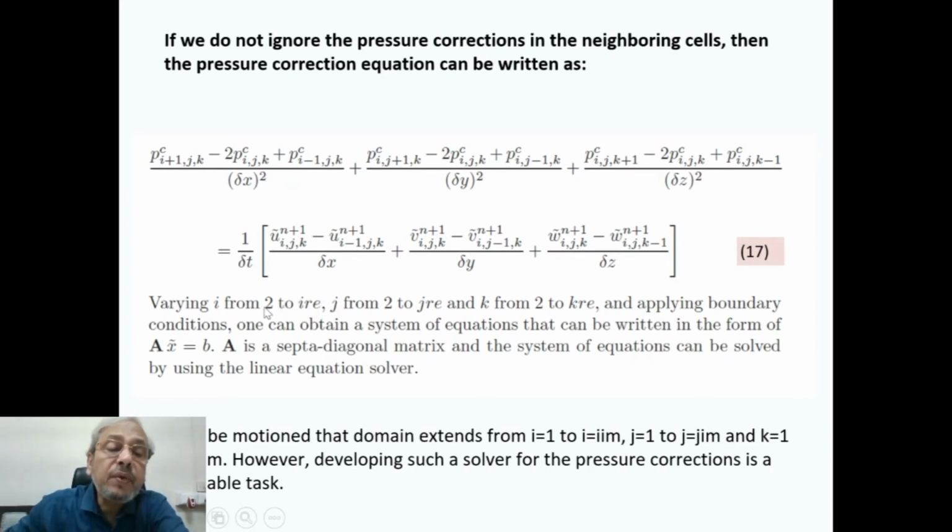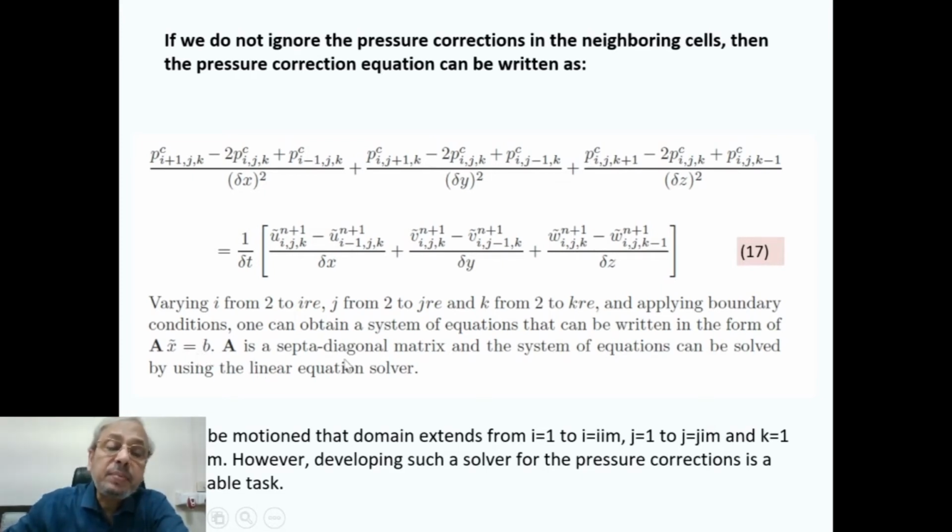So varying I from 2 to IRE, J from 2 to JRE, and K from 2 to KRE and applying boundary conditions, we can obtain a system of equations that can be written in the form AX equal to B. That is, A is the matrix, X is the unknown vector, and B is the right hand side known vector.